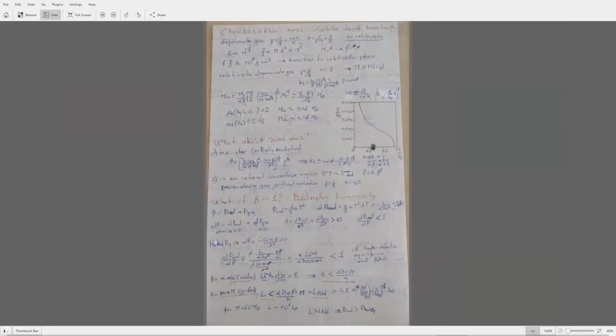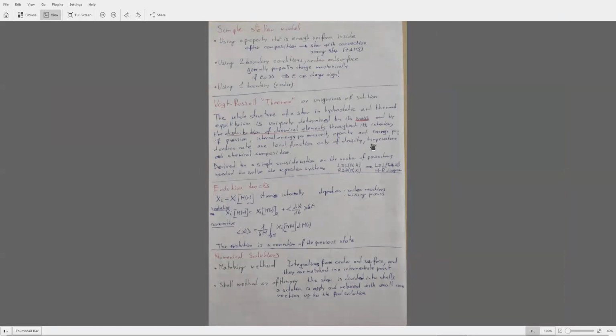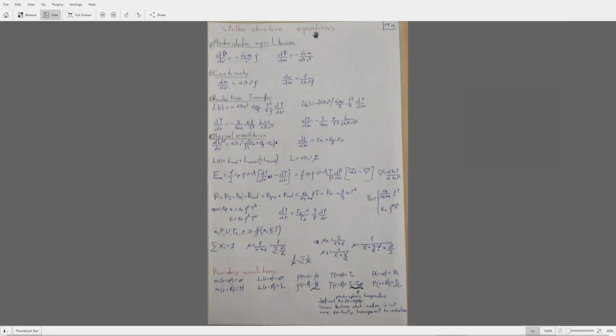So at the end, we saw the stellar structure as defined by these equations: hydrostatic equilibrium, principally because the stars have to be in equilibrium, the continuity, radiative transfer, thermal equilibrium, the equation of state, and other sub-equations to define the single variables, including the composition.